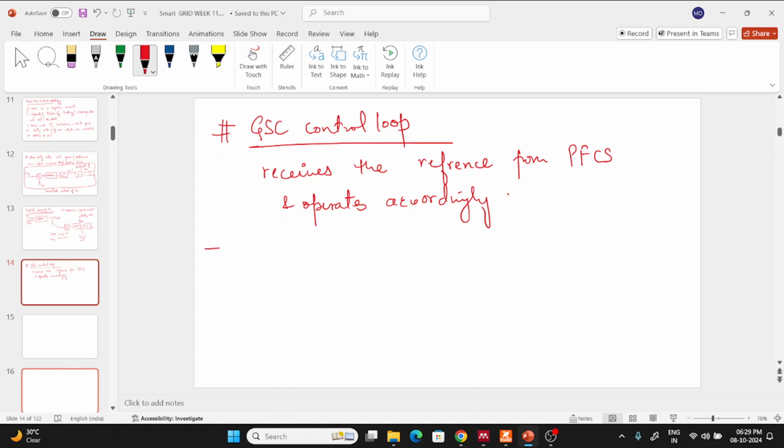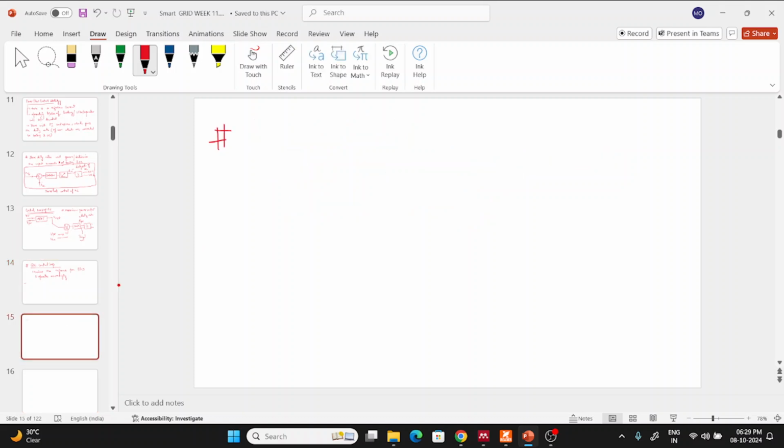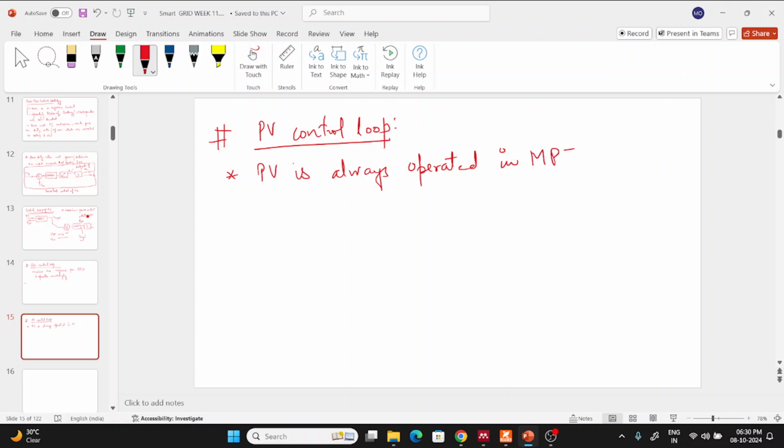I have just discussed the PV control loop. I will write it down here: what is the status of the PV? As I said, it is always operated in the maximum power, MPPT mode.